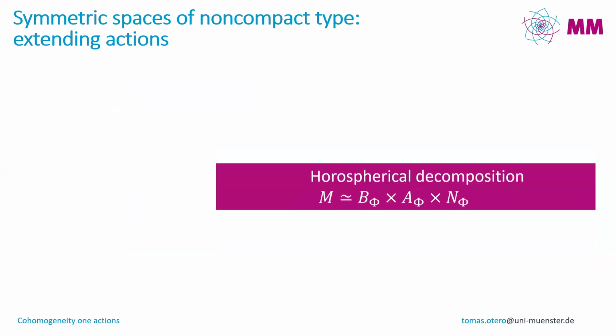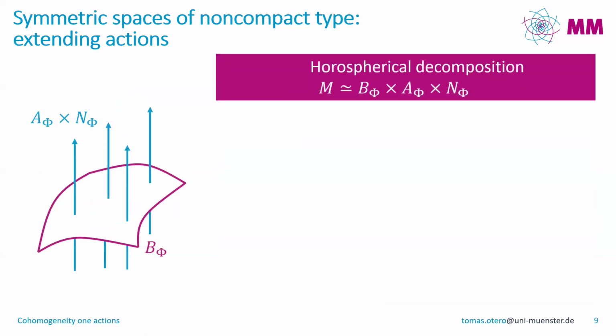So if you didn't like this, don't worry, just think of B phi as some smaller symmetric space of non-compact type, which is of lower rank, and A phi and N phi as a group which moves this B phi around in a way that if you sweep along these A phi and N phi orbits, you get the whole of M, your original symmetric space.